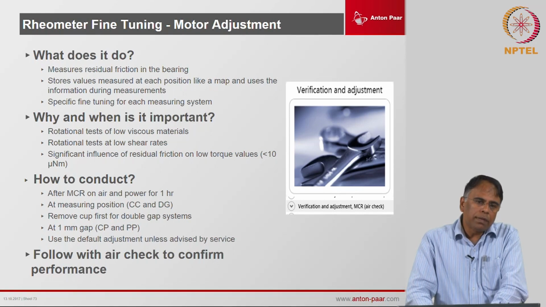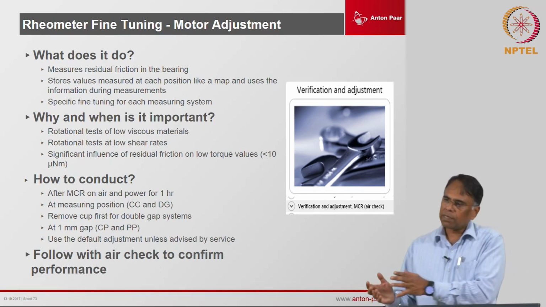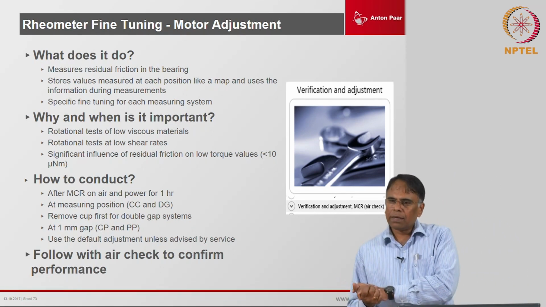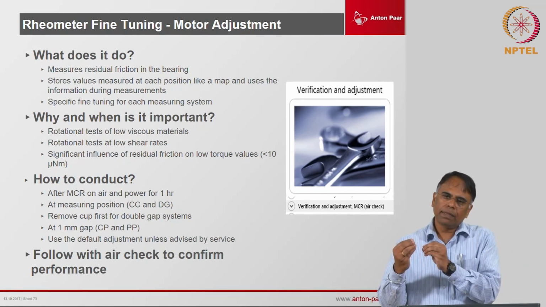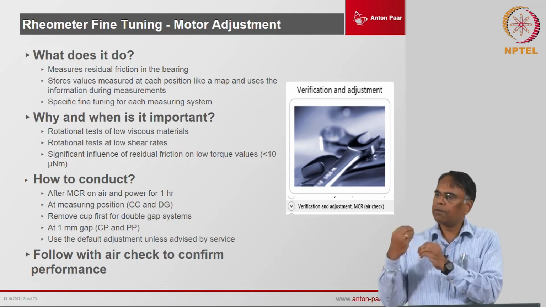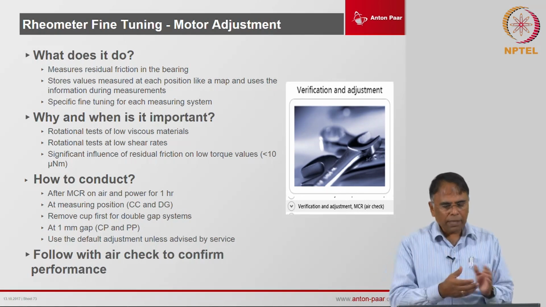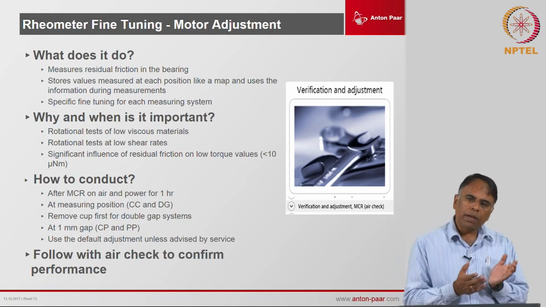Always make sure that your rheometer is well upkept. So, every manufacturer will have its own small way of making sure that the torque is very well calibrated for the geometries. So, these are certain tools. One is basically the motor adjustment.